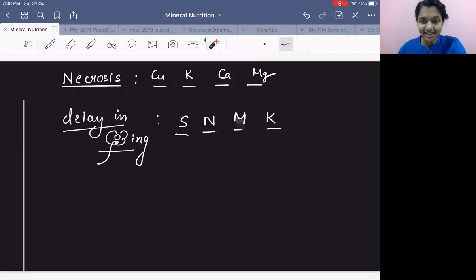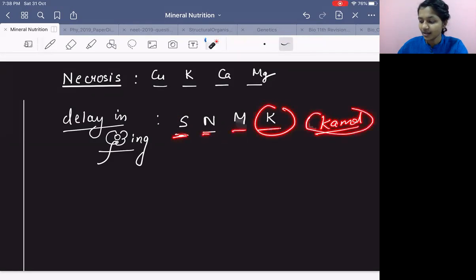One of my students has recommended this. Narendra Modi is there, right? Sri Narendra Modi, and he belongs to BJP. So BJP has what sign? Flower, Kamal, right? So Sri Narendra Modi, Kamal, flower.